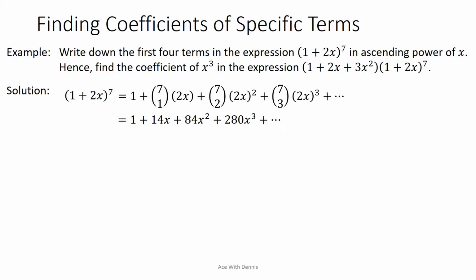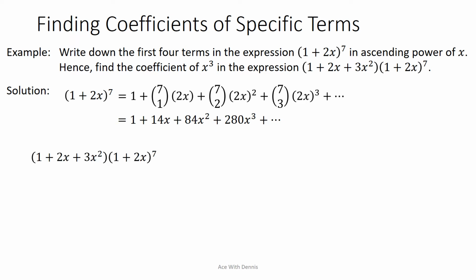Now we can simplify this expansion. 7 choose 1 times 2 is 14, 7 choose 2 times 2 squared is 84, and 7 choose 3 times 2 cubed is 280. So the answer will be 1 + 14x + 84x² + 280x³, and so on.